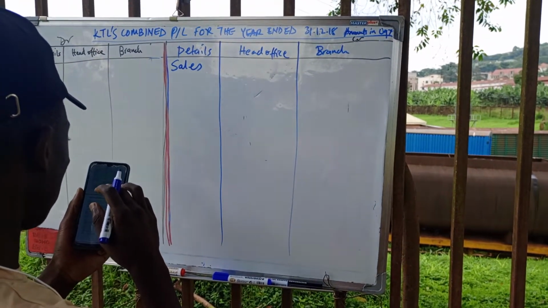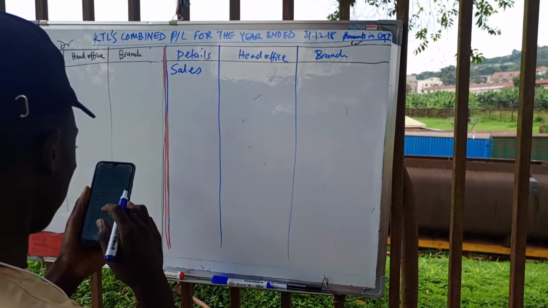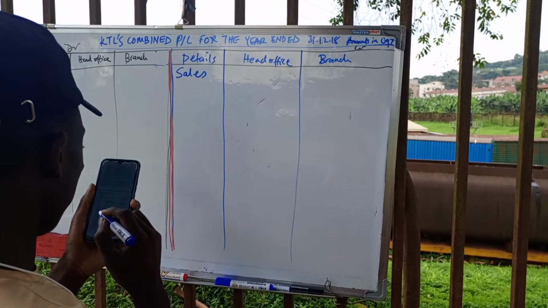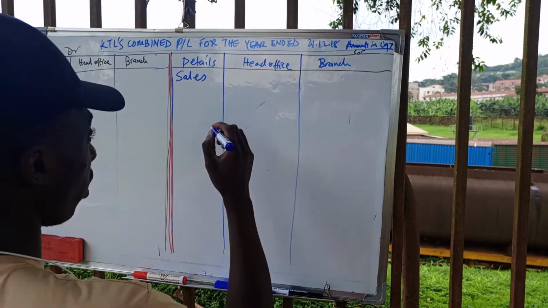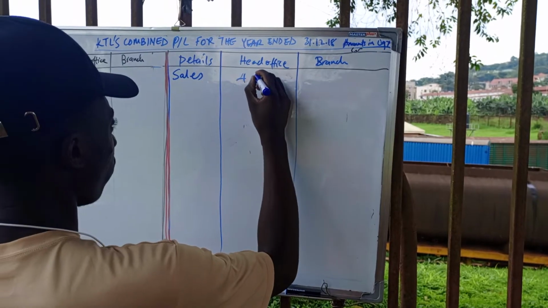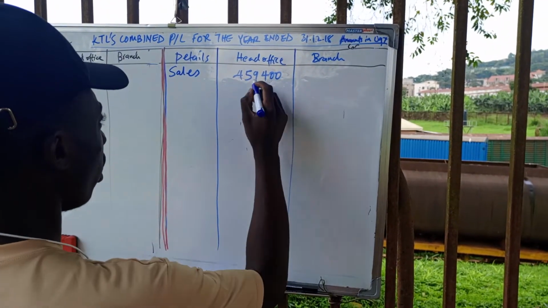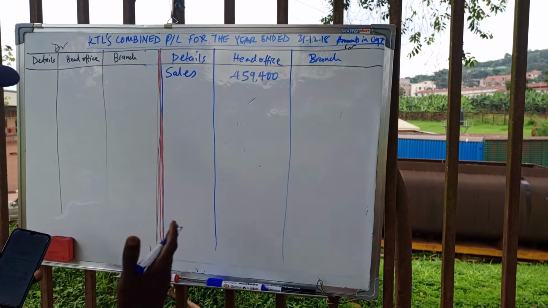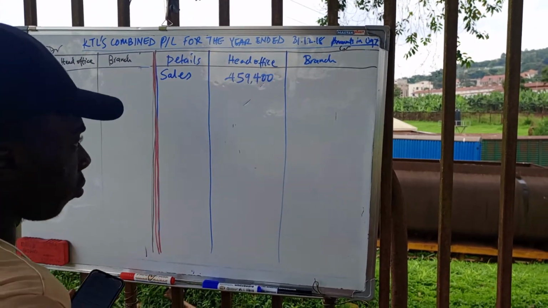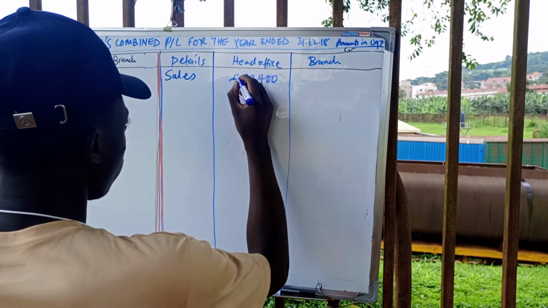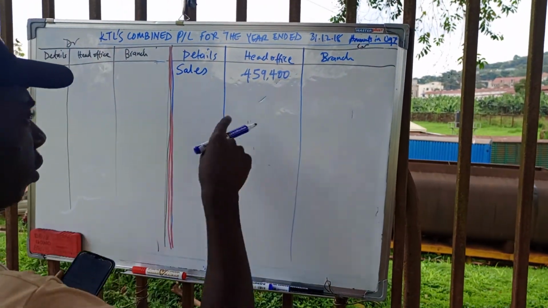The figure for sales in the head office is 459,400. If you check, it is 459,400. In the trial balance they gave, they put sales stock purchases, but you need to know that the one that relates to the credit must belong to the sales, not purchases. So head office is 459,400.